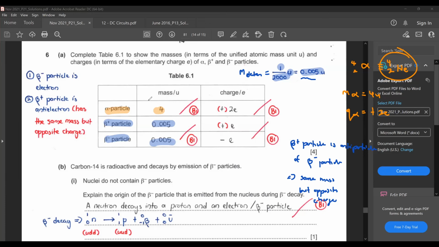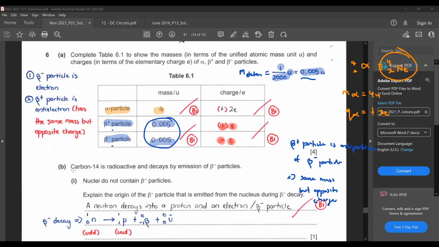Both beta plus and beta minus have the same mass, 0.005 u, but in terms of charge, beta minus particle is negative e, and beta plus is positive e. Okay, so that one is for this one. Then you move on to part B.